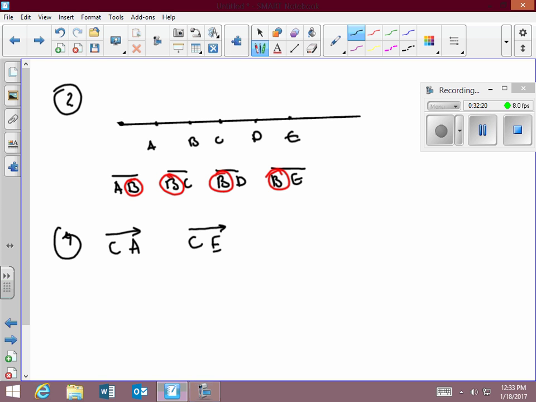So 6, it says name the ray AE in 3 other ways. It's just what we just discussed. So you could name it as what? ED, EC, and EB.